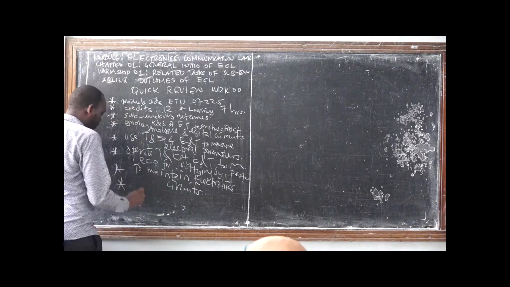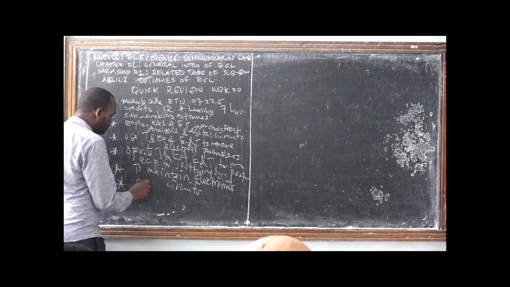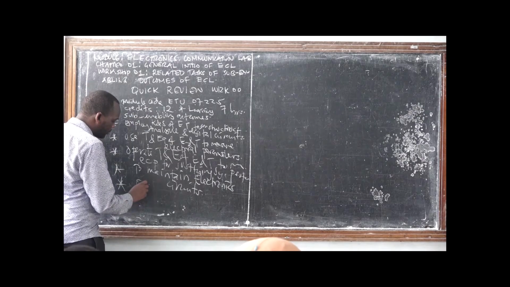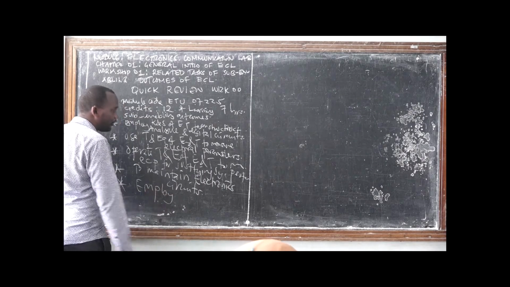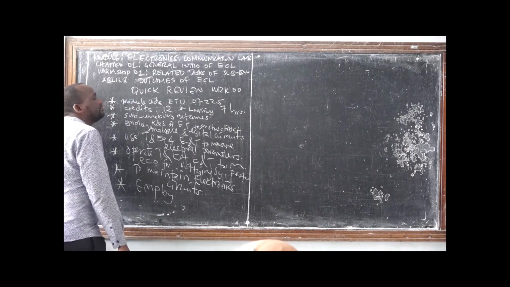Then the fifth sub-enabling outcome is what? Employ knowledge of what? Speak it loudly.